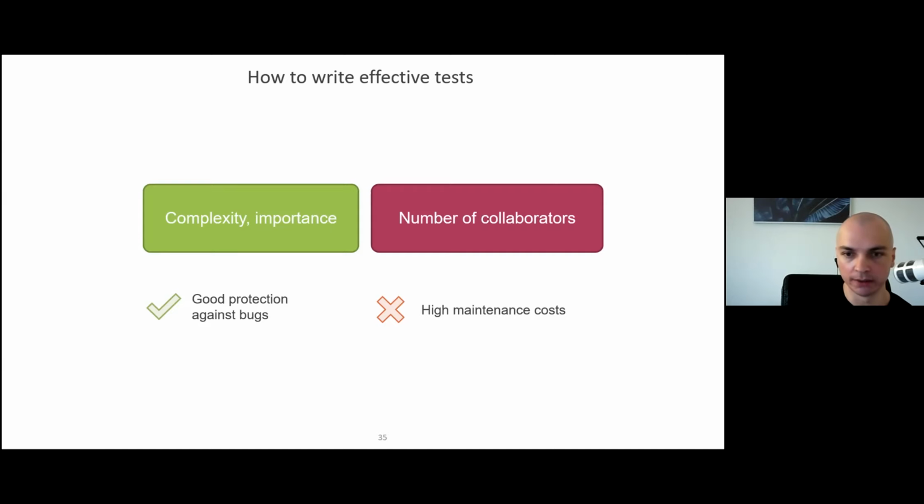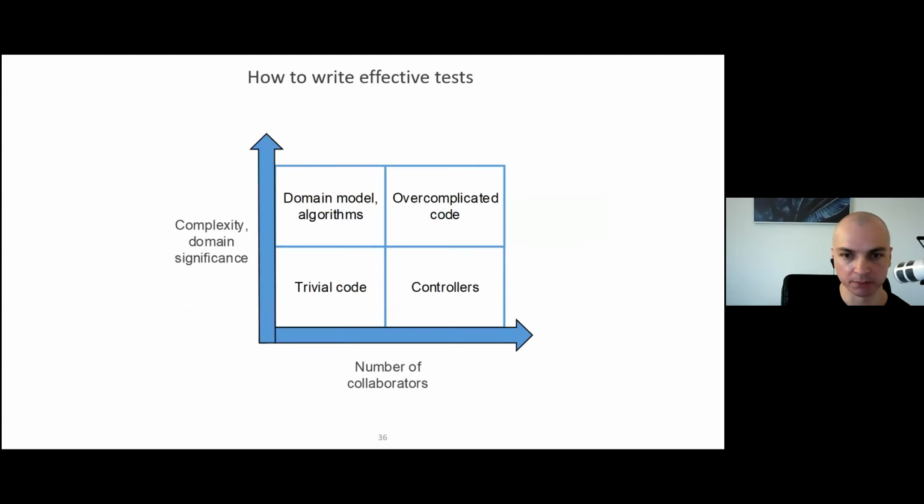And so if we take these two metrics, these two dimensions, and plot them on a diagram, we will get this 2 by 2 square with 4 quadrants. The upper left square is domain model and algorithms.